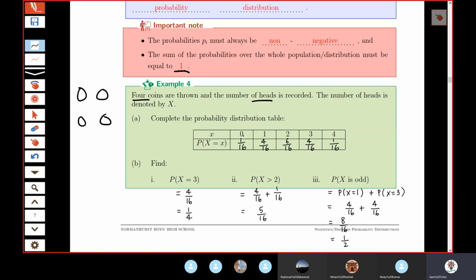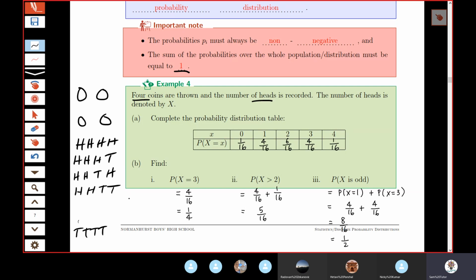The probability of getting 0 heads. Well, that means getting all tails, right? Heads, heads, heads, heads, then heads, heads, heads, tails, and so on. I don't think I need to do this, but if you were to do this 16 times, the only time you're going to see no heads is the last one, which will be tail, tail, tail, tail.